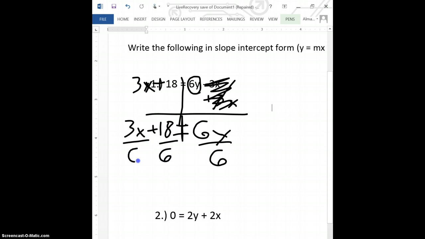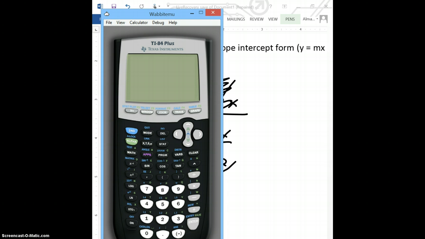Now on the left I have two things, so I have to divide both of those things by 6. On the right, 6 divided by 6 is 1, so I'm left with 1y or just y. And on the left, 3 divided by 6, you can do this in your head, or you can grab a calculator. 3 divided by 6 is 0.5.